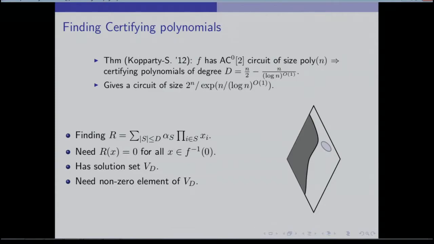But the theorem guarantees you that there is a non-zero solution. And we'll see the proof of this theorem. Again, it goes back to the Razborov polynomial approximation. But once you have this theorem, you know that there's a non-trivial solution. You can find this non-trivial solution in polynomial time because you just want to solve a system of linear equations. So, any questions about this?